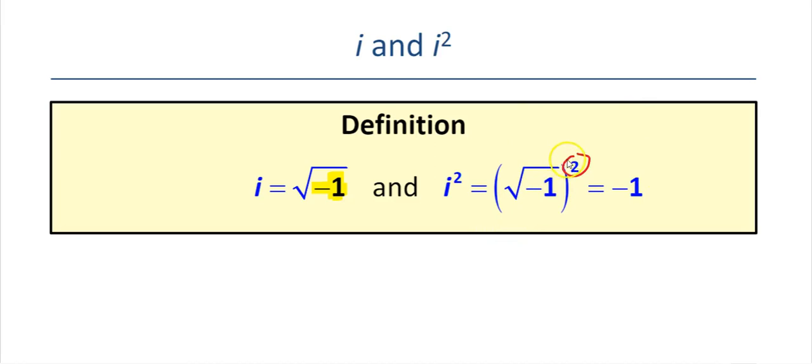Notice that this is an inverse. So of course, whatever is under the radical sign just is left. Okay, that should make sense. So whenever you see, shortly, not today, but shortly, whenever you see i squared, you know that that just means negative 1.